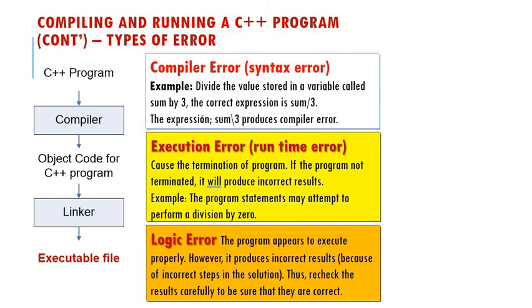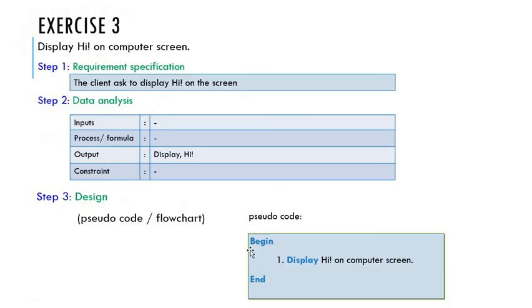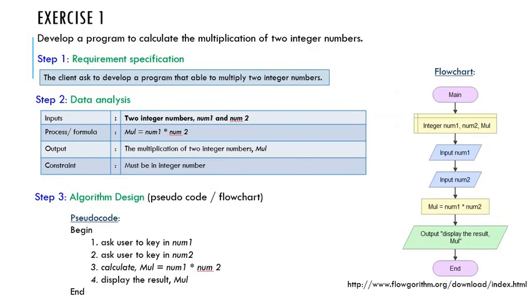We have compiler error, execution error, and logic error. And then I also explained to you 6 steps in the software development model, or in short SDM. And I already explained to you how to do the pseudocode and how to do the flowchart.